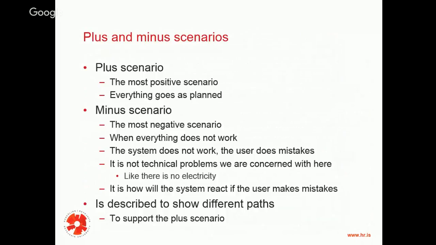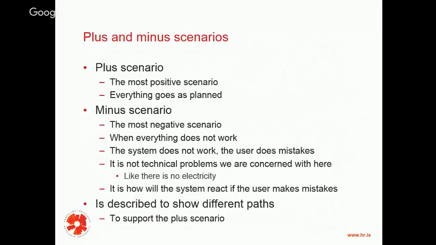So a plus scenario is the most positive scenario. So everything goes as planned. And this could be both in the old situation or the current situation and in the new situation. So everything just works smoothly. Sometimes it's called the happy path, it just runs. And then you have the minus scenario, and this is maybe what we can learn from.